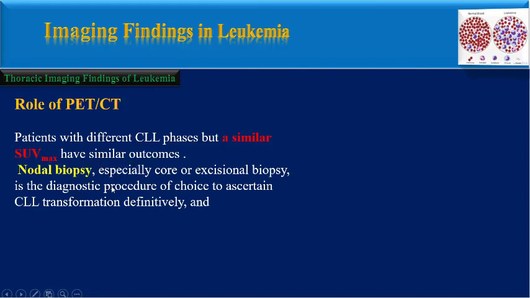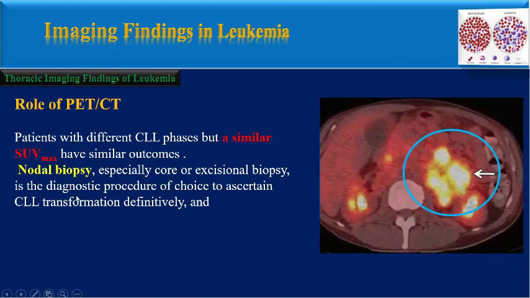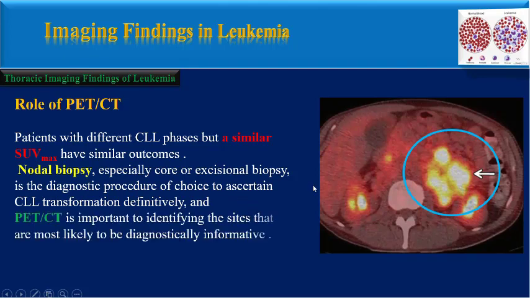Nodal biopsy, especially core or excisional biopsy, is the diagnostic procedure of choice to ascertain CLL transformation definitively, and PET-CT is important in identifying the sites that are most likely to be diagnostically informative.